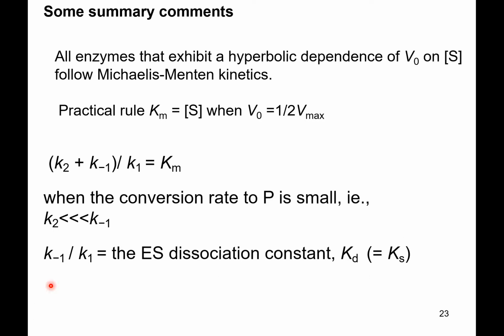So that's another special case where you can, in a sense, approximate the Km value by finding a KD value.